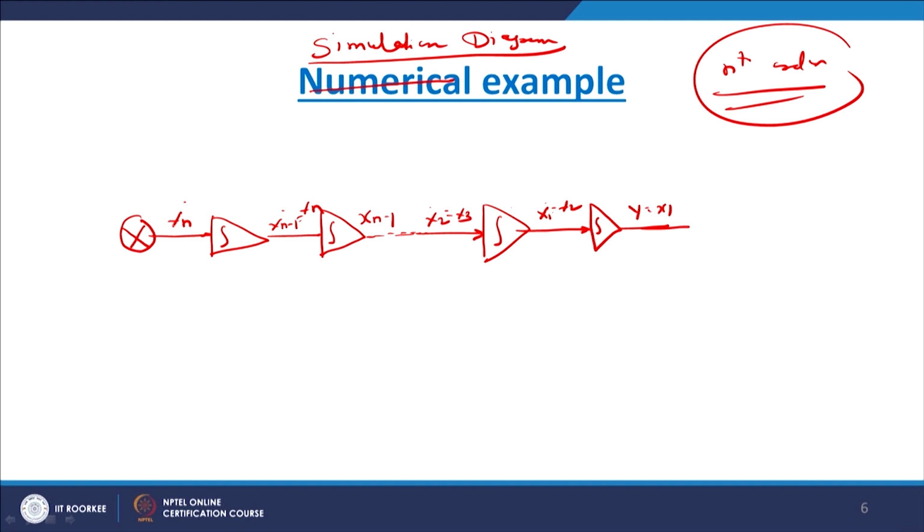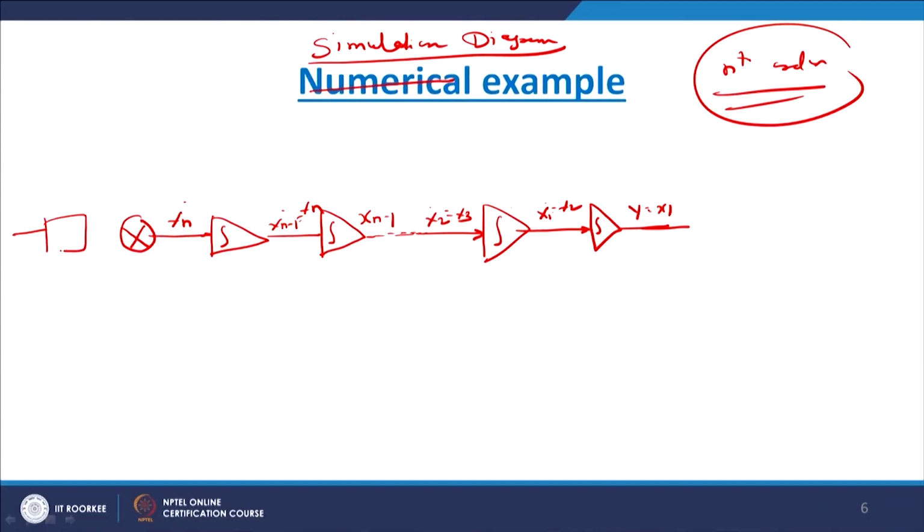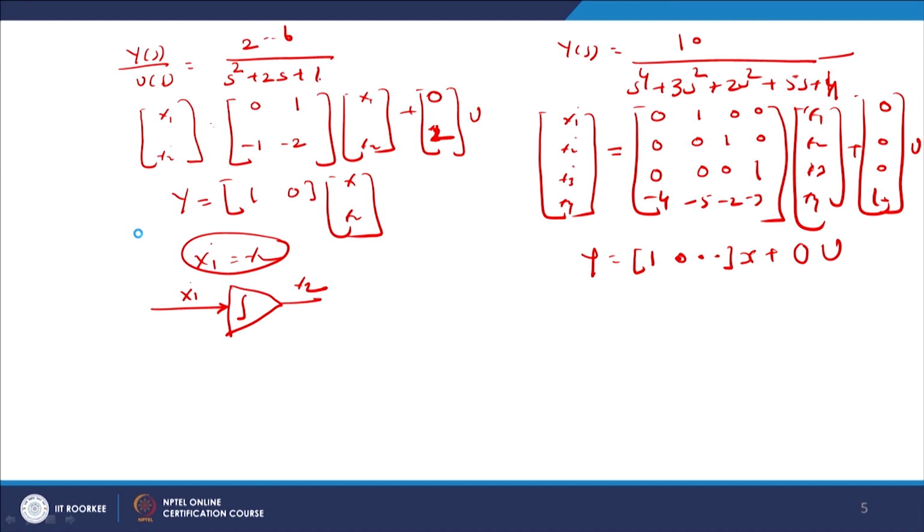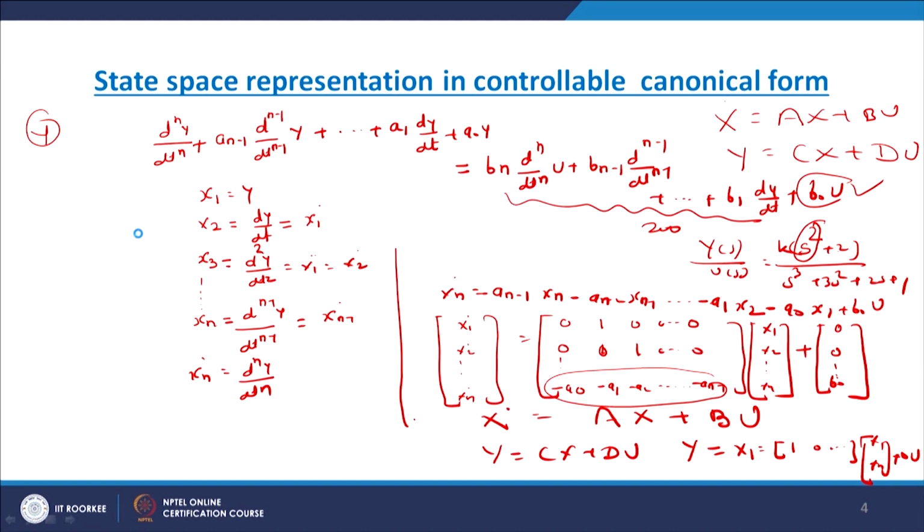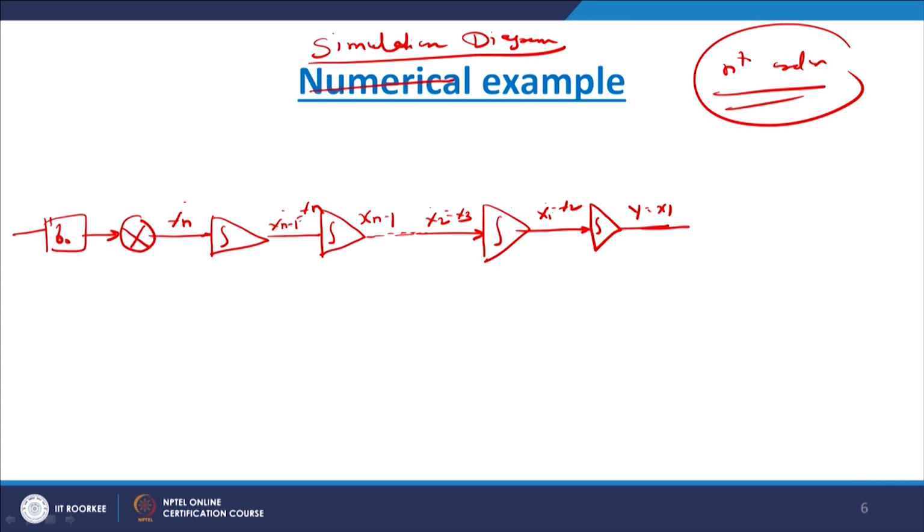So, xn dot we have seen equals bu. We write this is b, because we have seen it on a previous slide. So, this is bu, that is b0 into u, the small bu.